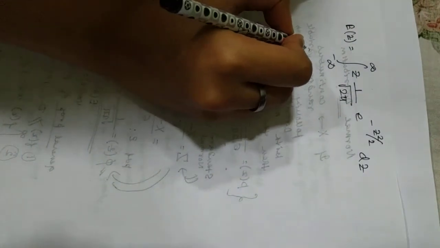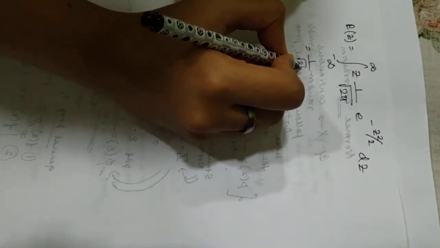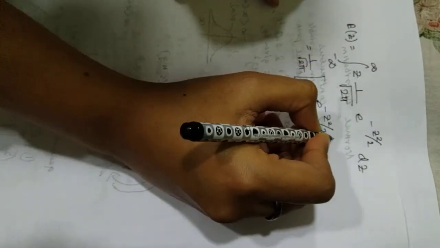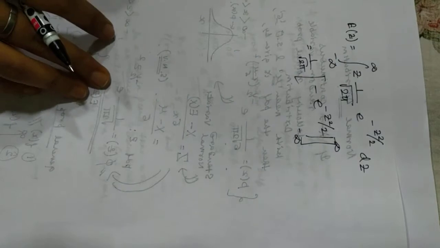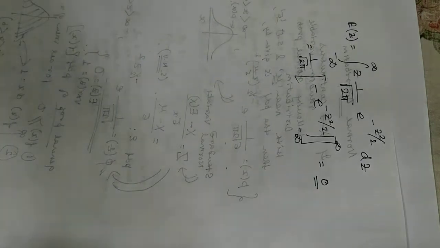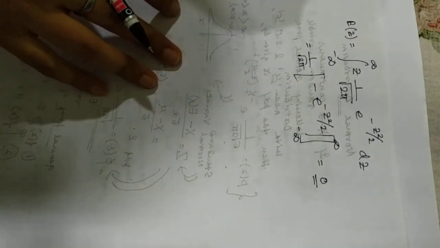This you can solve in one line. It is nothing but 1 by root over 2 pi times minus e to the power minus z square by 2 from minus infinity to plus infinity. Obviously, when you put the limiting values it becomes 0. So we have proved that the mean of the standard normal variate is equal to 0.